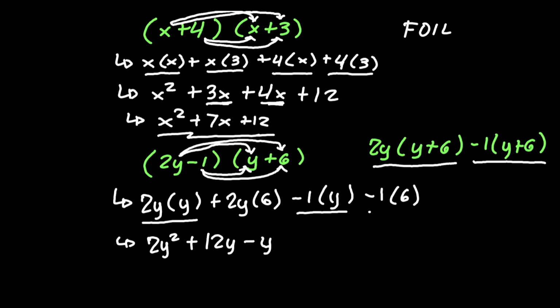And negative 1 multiplied by 6 would be negative 6. Add these two because they have the common term of y. So, the final answer here would be 2y squared, and 12y minus y, this is basically 1y as we said earlier, so 12 minus 1 would be 11y, minus 6.